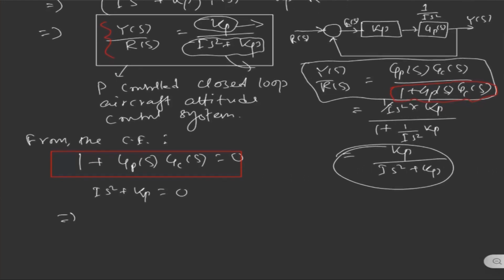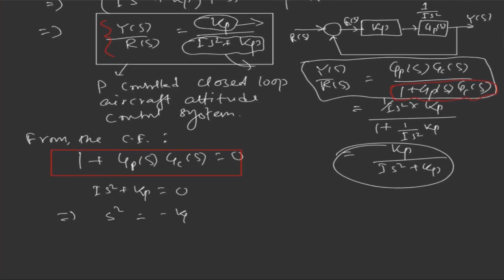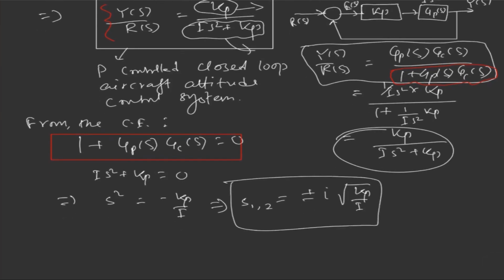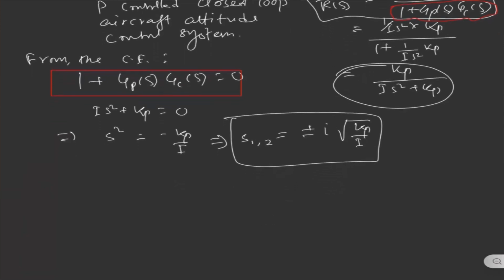And further we can write s squared equal to minus kp by I, and s equal to s1, that is 2 poles in the system. So in the closed loop system, we can write plus minus j root over kp by I. So from these poles, it is clear that the system will be oscillatory. Why? Because the solution will be in terms of sine and cosine.